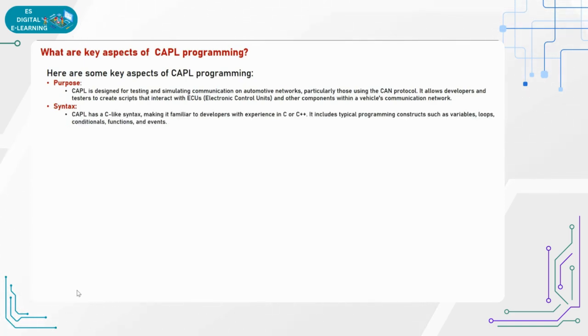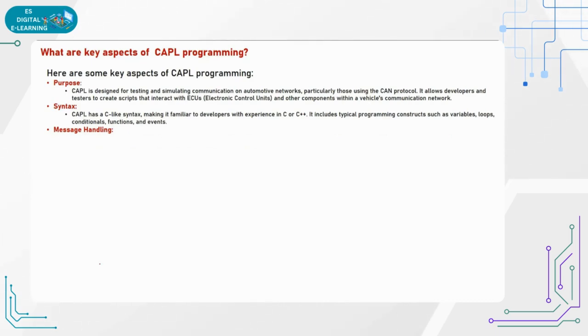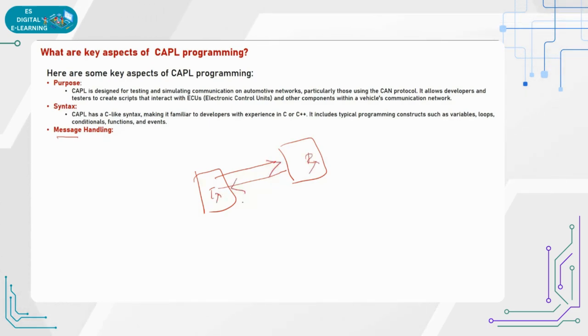It is similar to C++ programming language, where the variables, loops, conditions and functions are the same. And CAPL is used for message handling, mostly for the communications of the network. Within the network, the transmitter and receiver and how the data is exchanged. For that purpose only we are using this.